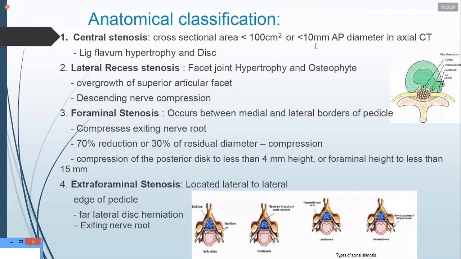Normally, the axial AP diameter is 15 millimeter, and the mediolateral canal diameter normally is 20. When the anteroposterior is less than 10, we call it central canal stenosis. Similarly, in foraminal stenosis, when more than 4 millimeter height is lost, and the foraminal height is less than 15 millimeter, seen in the oblique view, we can appreciate the foramen, and if it's less than 15 millimeter, we call it foraminal stenosis.